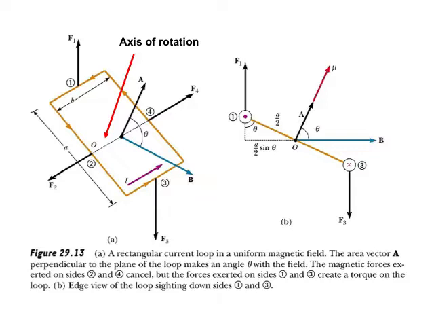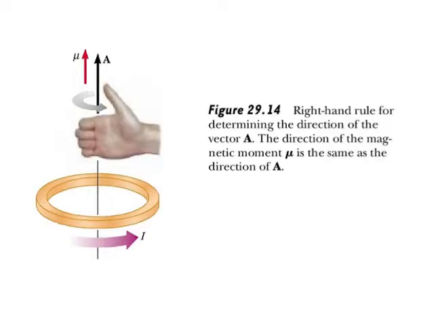This is the way for you to find the direction of the magnetic dipole moment. The current flow here is in an anti-clockwise motion. Therefore, the direction of the dipole moment is going to be in this direction, which is also the direction of the normal to the area. So this is the way to use the first right hand rule to find mu, the magnetic dipole moment, and also the direction of the normal to the surface.